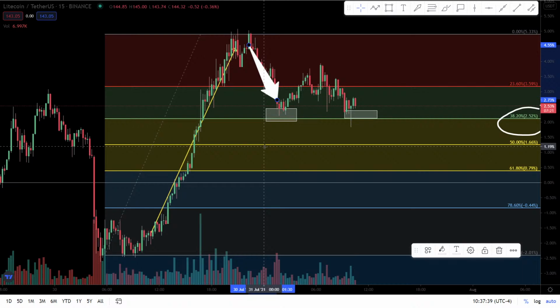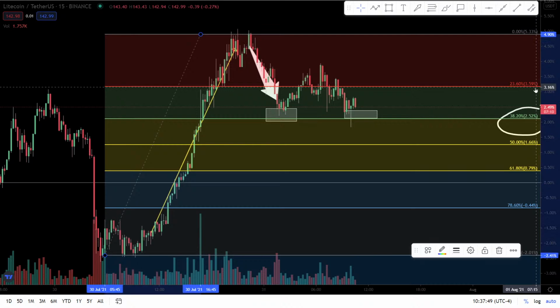Now, I'll rephrase that. The Fibonacci tells us that there is a greater likelihood that retracement will either stop at the 23.6 and then head back up, or stop at the 38.2 and head back up. In this case, it broke down below the 23.6. It came down to the top of the golden zone, but it's so strong at this point, it does not break any lower and it ricochets back up.